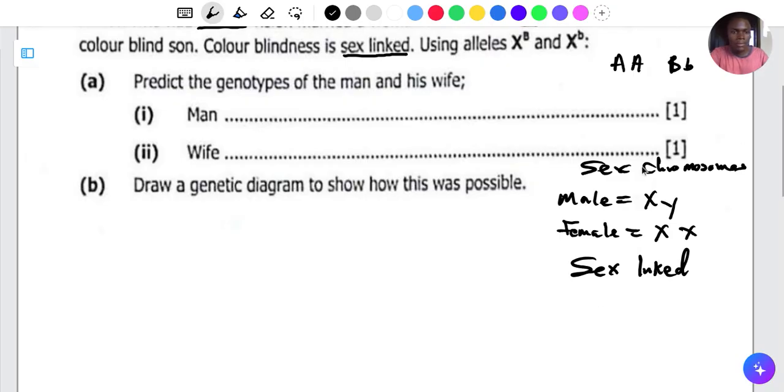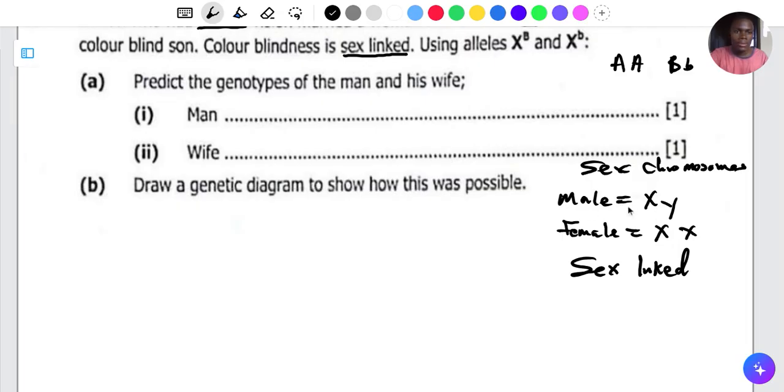When there is the occurrence of a non-sex gene on the X chromosome, specifically on the X chromosome, that is called X-linked. There is no Y-linked. Meaning to say, sex-linked characteristics or sex-linked disorders only occur on the X chromosome.